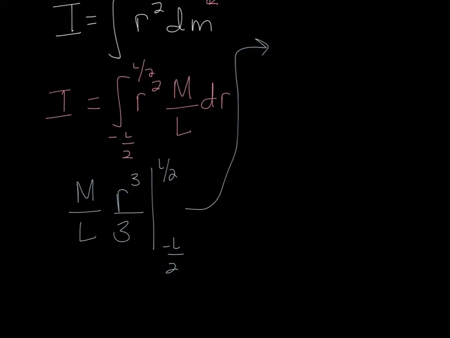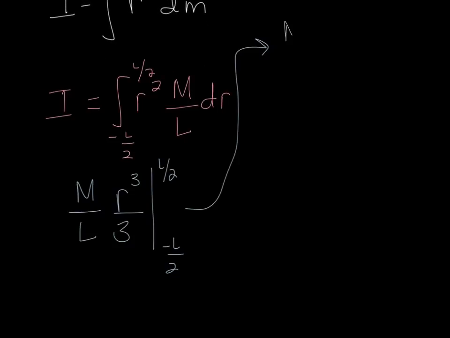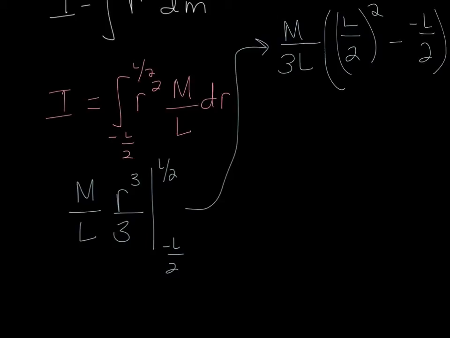At this point, I would factor out that 1/3 that's going to be in this fraction. So I'd make this m over 3L, and that's going to become L over 2, and that's cubed, minus negative L over 2, also cubed.